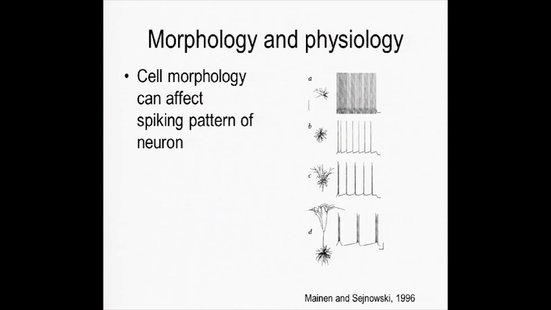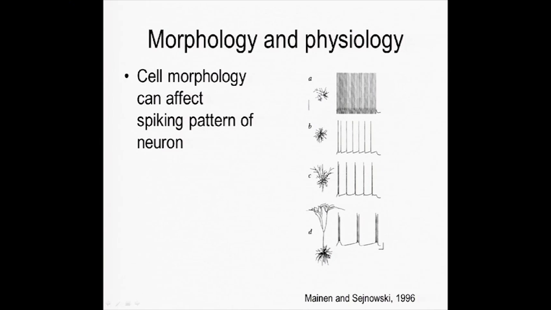The cell morphology is also really important. Here is the exact same computer model of each compartment, with the same sodium and potassium, using some form of Hodgkin-Huxley equations. But now they're just changing the shape and how all these compartments are connected.